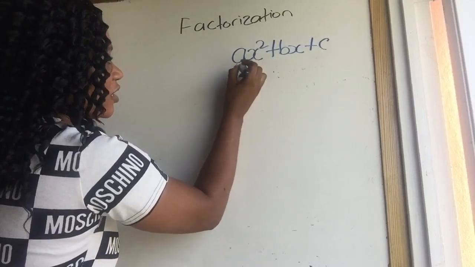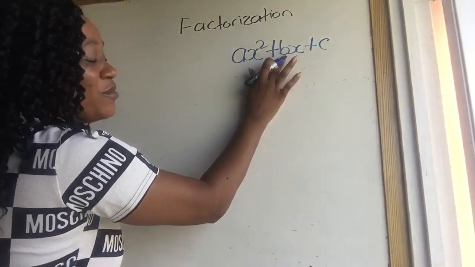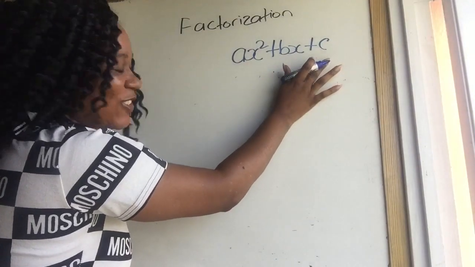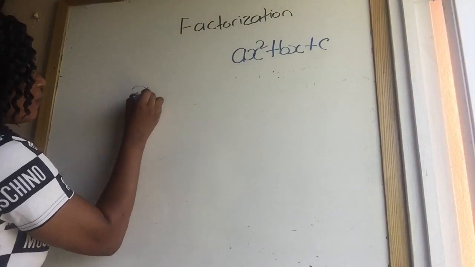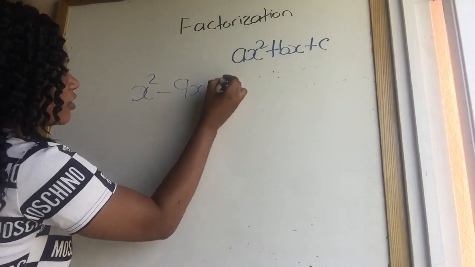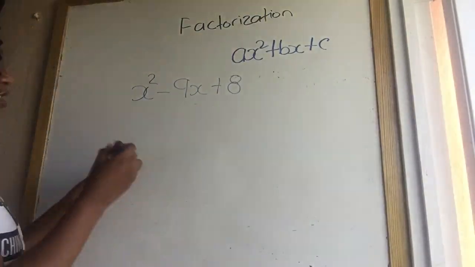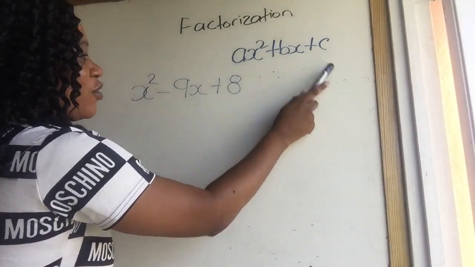And we know that the coefficient a is the coefficient of x squared, b is the coefficient of x, and c is our constant. Good? Now, if I have this question, x squared minus 9x plus 8. Remember now, people, this is ax squared plus bx plus c.